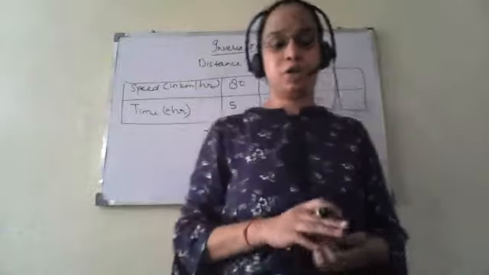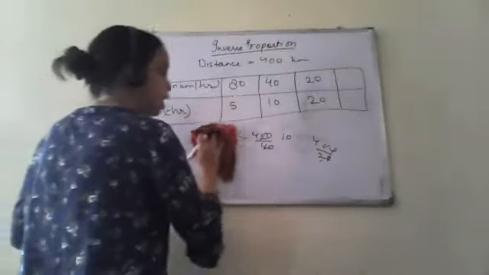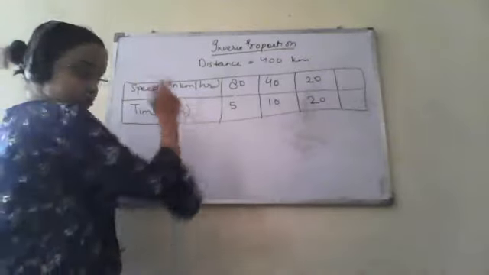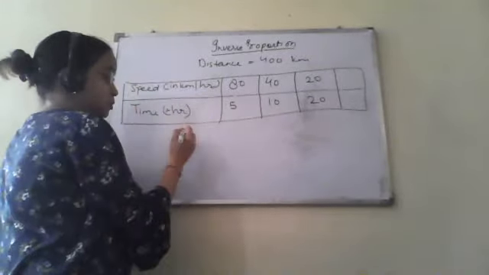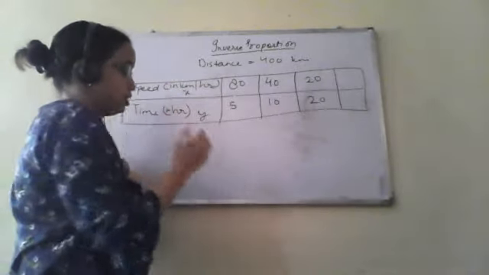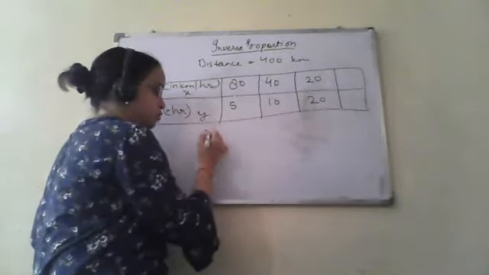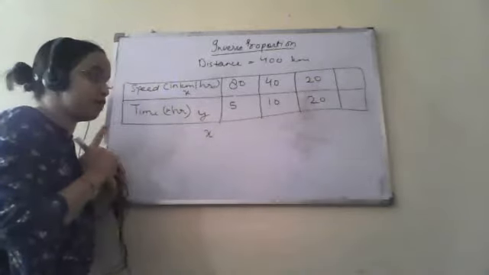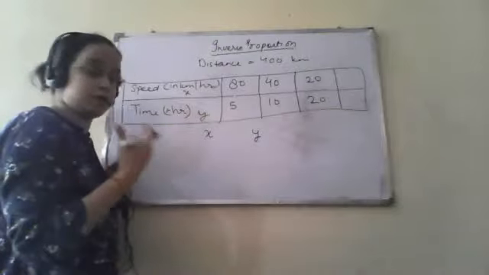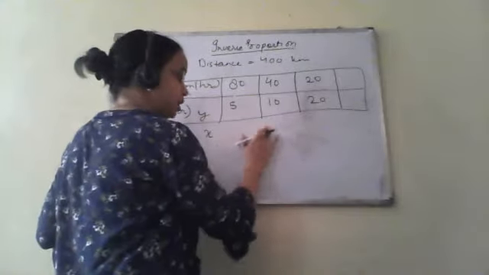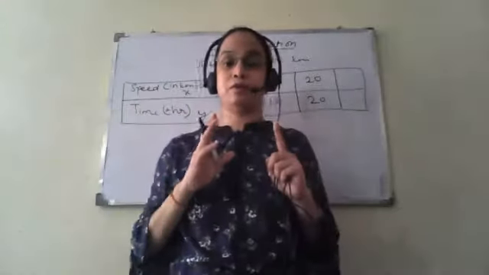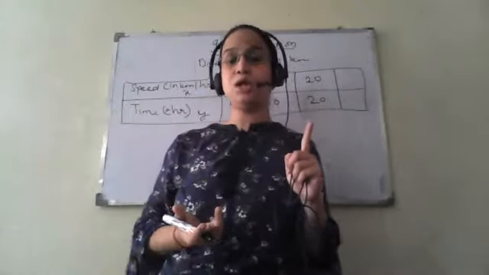This is inverse proportion. Now how can we symbolize it? Suppose there are two parameters, we can take them as x and y. So suppose the first value is x and the second is y. When the first is increasing, the second will decrease. That means the first value is inversely proportional to the second value.